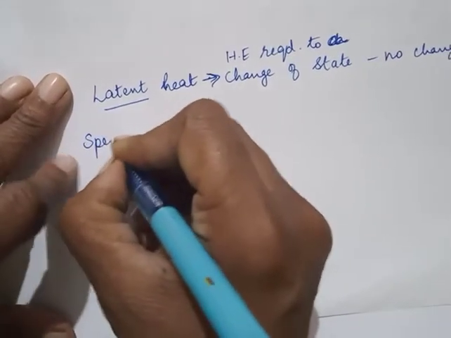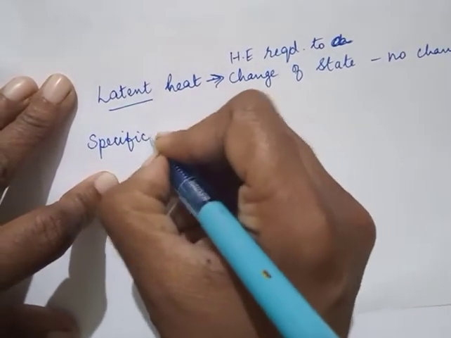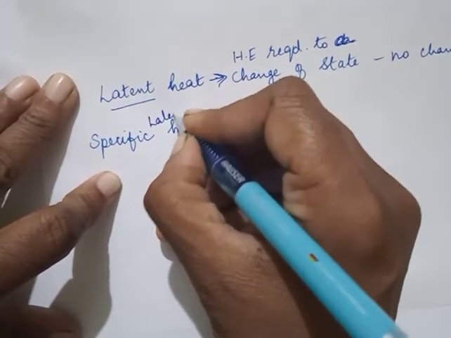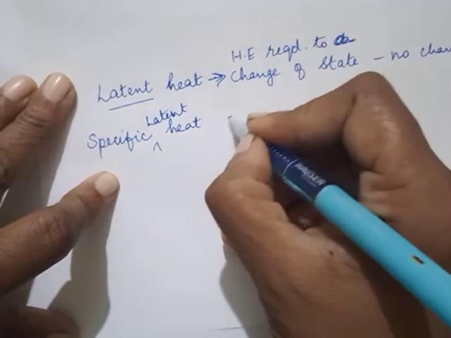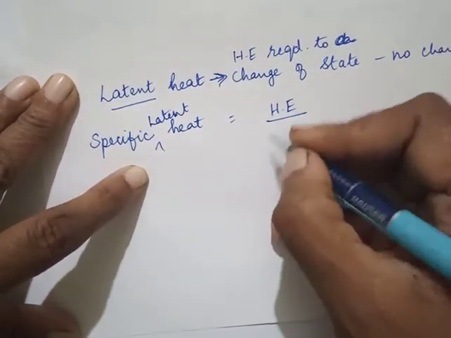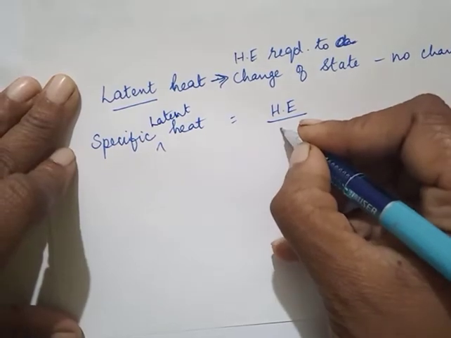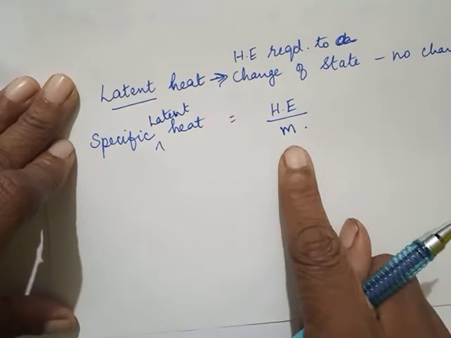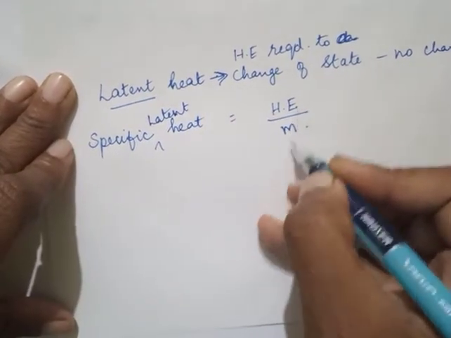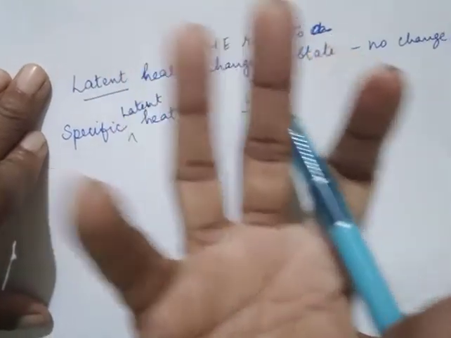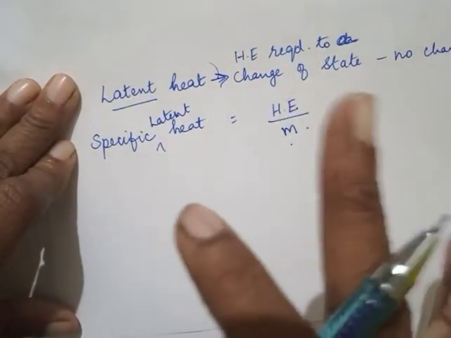When I say specific latent heat, it will be equal to heat energy upon mass, that is, heat energy per unit mass. Latent heat means the heat energy required to change the state of an entire mass.